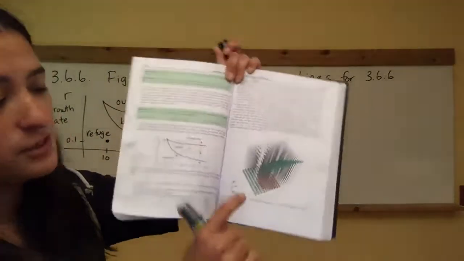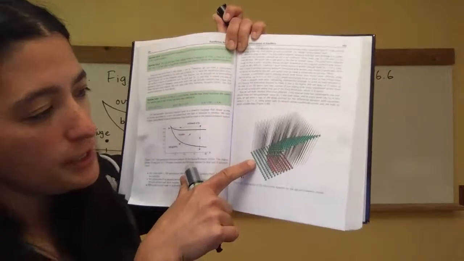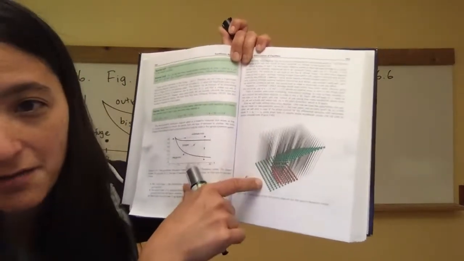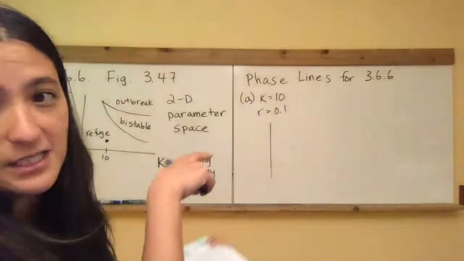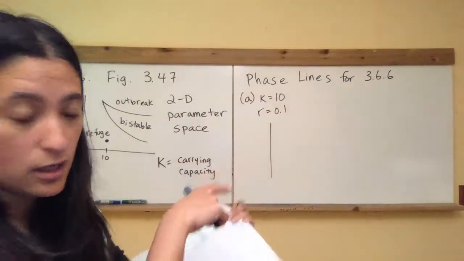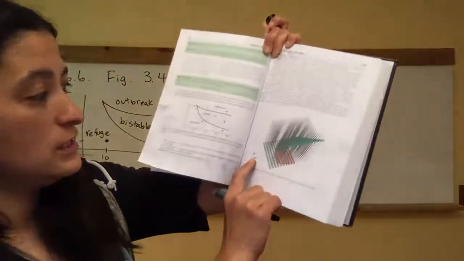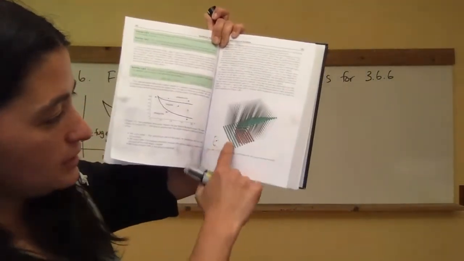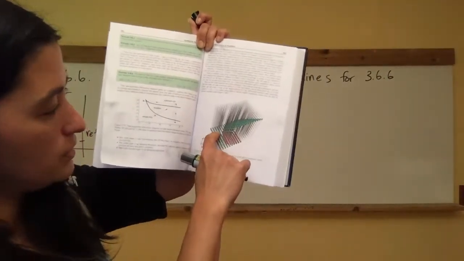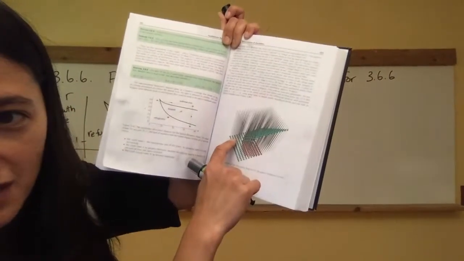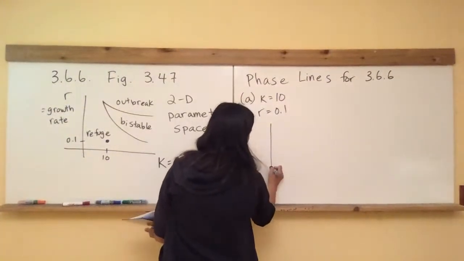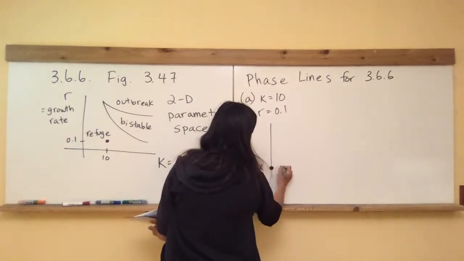So if you can imagine on this figure, try to recognize which one of these little balls with a stick coming out of it represents the phase line that I'm going to draw right there. Here you can see that the r-axis is right there and the k-axis is down there. K equal to 10 and r equal to 0.1 is probably one of these ones right here where there's a green ball at the bottom and then there's no other balls. Okay, so low x and it's stable.